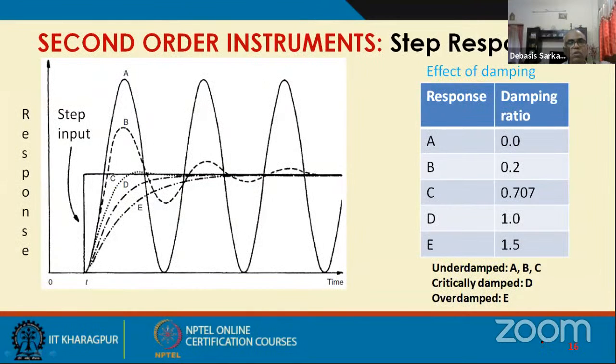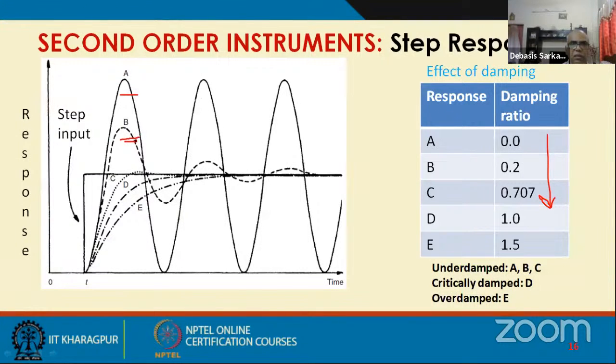So this figure gives you an idea about how this oscillation decays with increase in damping ratio, or the zeta value, damping coefficient. So A, B, C: A is zeta equal to 0.